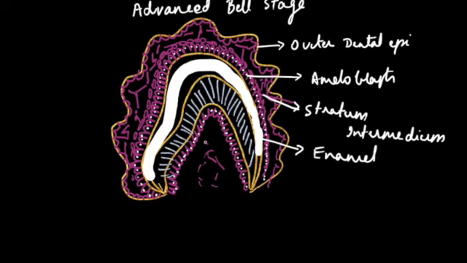Once these ameloblasts are formed, they instruct the odontoblasts to form the dentin. Once the dentin is formed, the ameloblasts will start laying down the enamel. This is the kind of crosstalk happening between the ectodermal cells, that is the ameloblasts, and the ectomesenchymal cells, the odontoblasts. And this kind of reciprocal induction is basically the theory behind epithelial mesenchymal interaction.